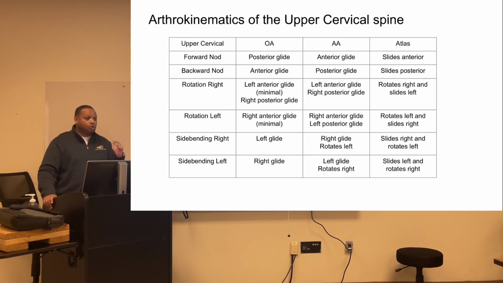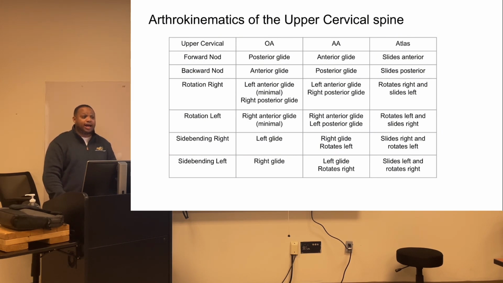So we have the OA and the AA making up the subcranial spine. All right, so let's go through the forward nod. Sometimes we call that the nod. Okay, so with the forward nod, at the OA, there's a posterior glide of the occipital condyles on the atlas.